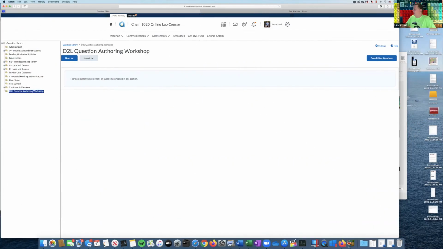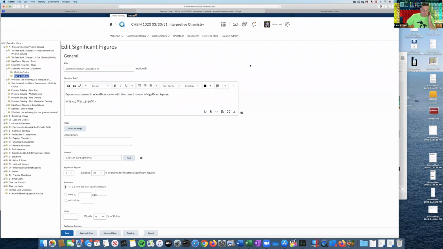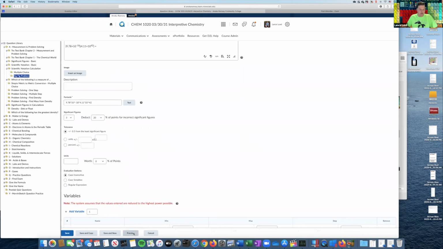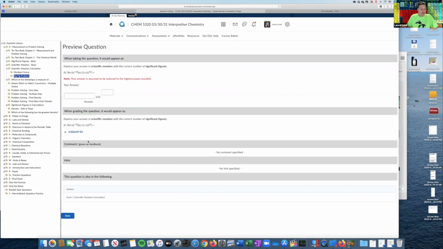If I were to look at some problems with significant figures, this would be an example of a significant figure problem that I have done before. One of the reasons why I don't like to use sig fig problems to randomize questions is because when D2L writes out numbers in scientific notation in the preview, it writes it with this up caret.